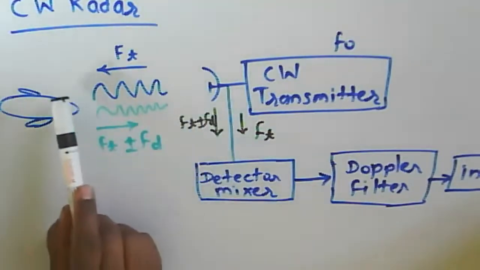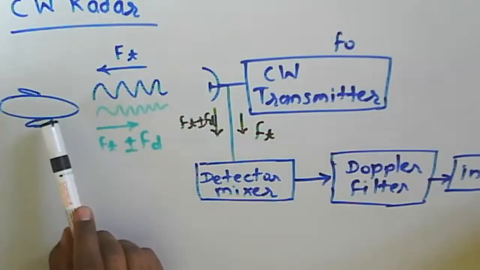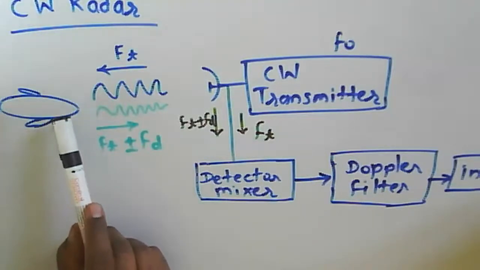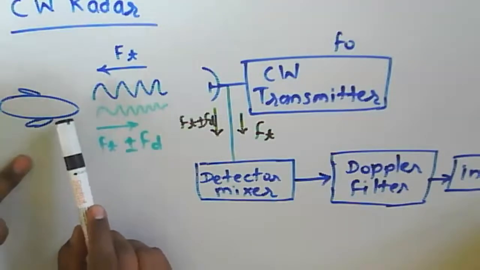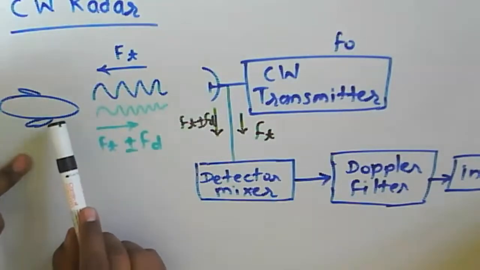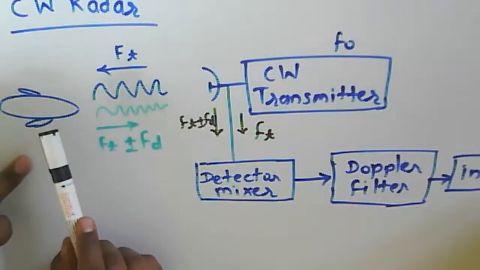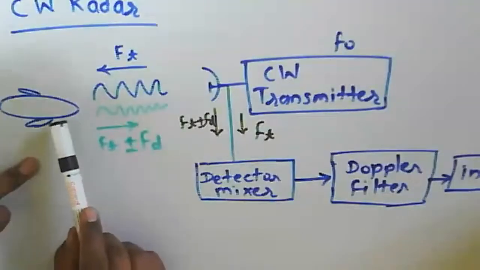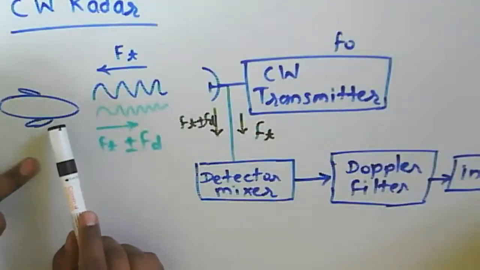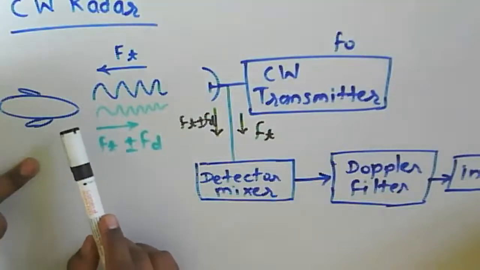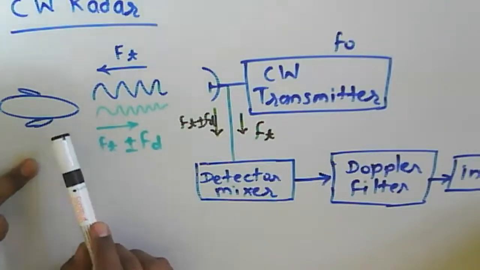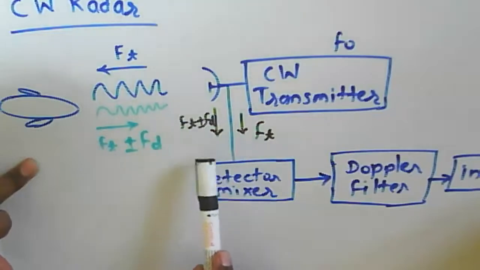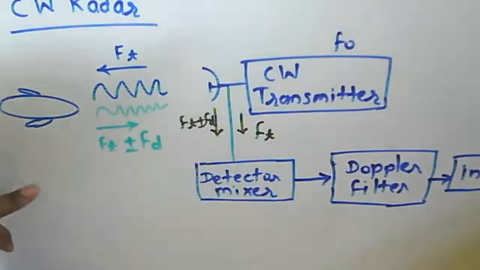Now, based on the motion of this target, we say that the object or target has some relative velocity. Relative velocity means the motion of this object toward the radar or away from the radar. Because of this, whichever signal is received at this receiver will be shifted.